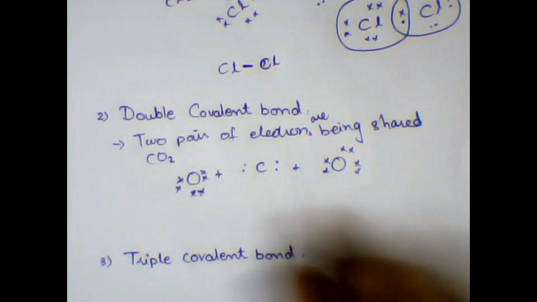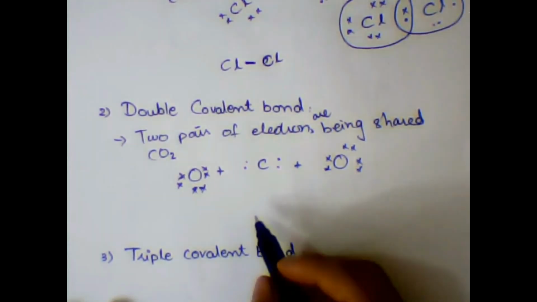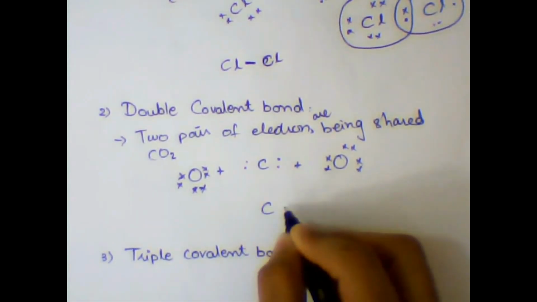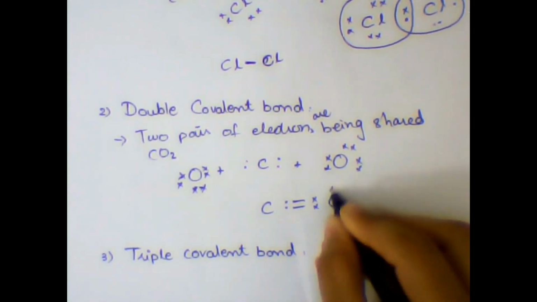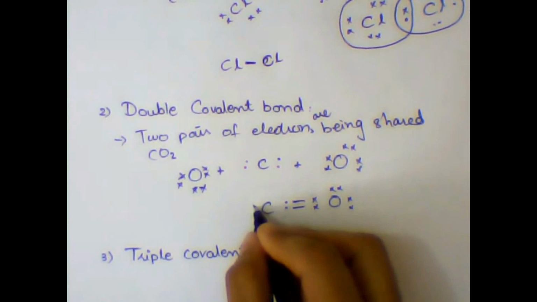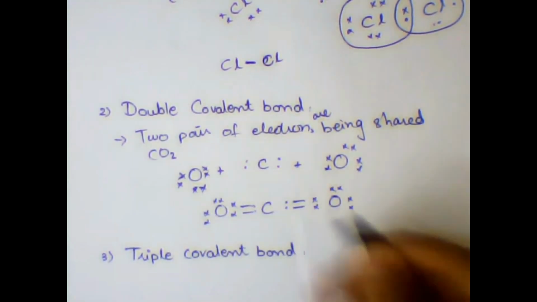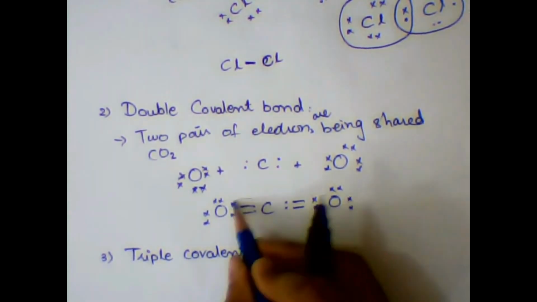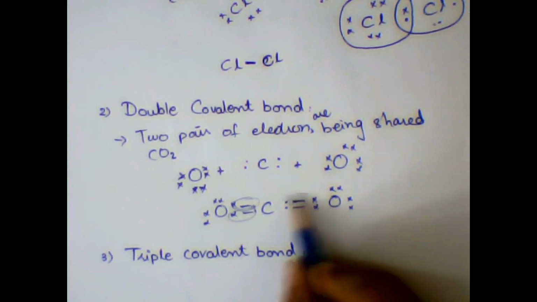Now when these atoms interact with each other, they form a chemical bond. It looks something like that. Okay. Now these are the two pairs of electrons being shared between the atoms.